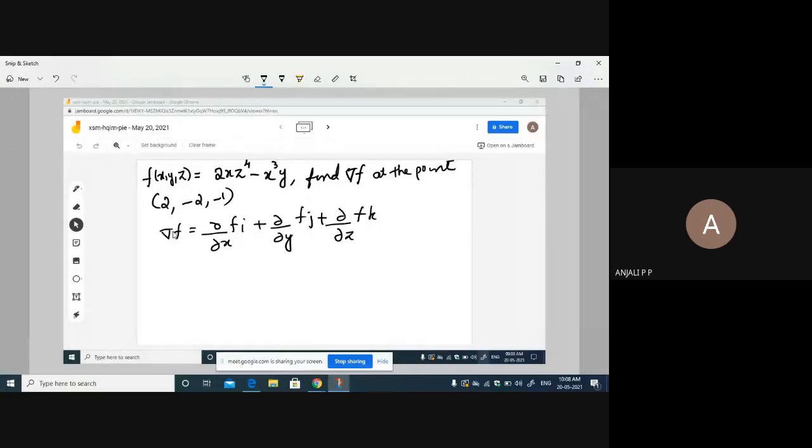Akash, present, ma'am. Gokul, present, ma'am. Akshara, present, ma'am. Elvin Thomas.